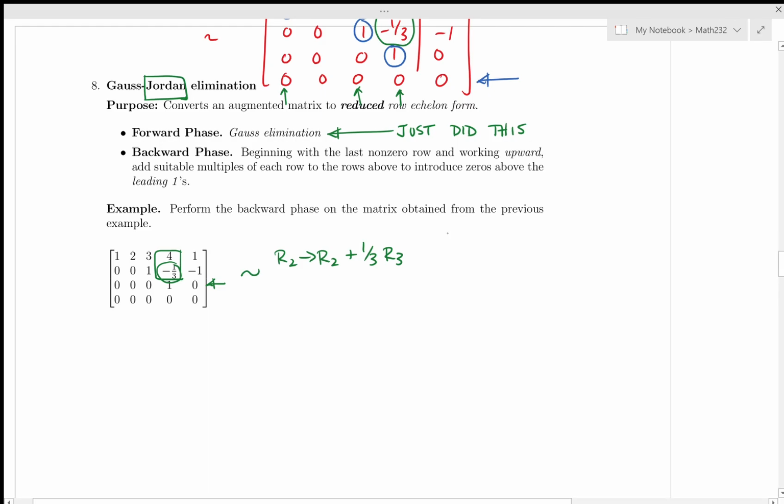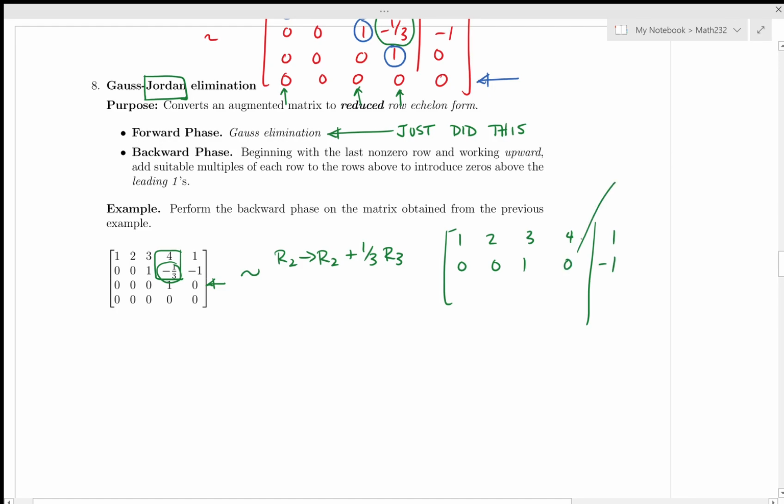We'll perform that operation. I advise you to finish this example on your own and then check your answer, rather than just watching me do it. But I'll fill in the numbers here. R2 is the row we're changing, and this is how it's changing.